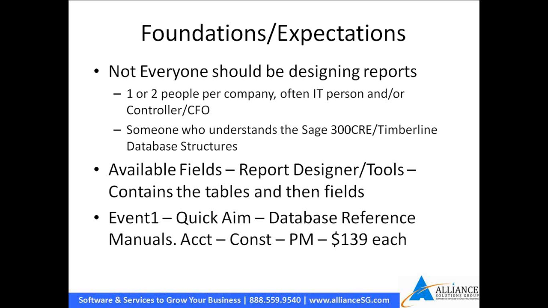The accounting are going to be the common modules like accounts payable and accounts receivable and general ledger and so on. And it will list every field, the programmer's name that they use, the common name, an explanation. It actually gives more information than the available fields report within the Report Designer.